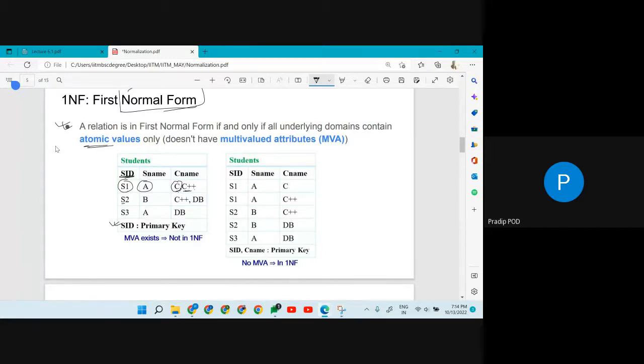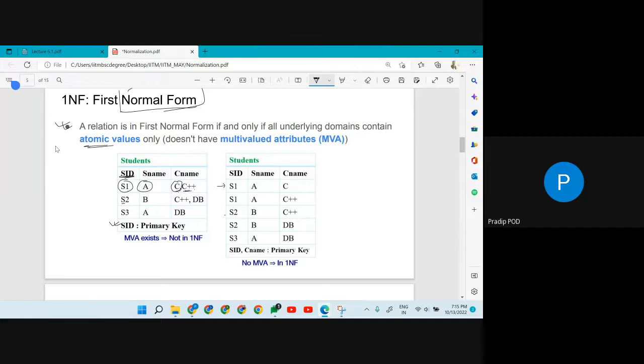Each value is written in a separate tuple and you have to repeat the other values, so here you can see C and C++, and similarly for this one also. Now CNAME contains only atomic values.